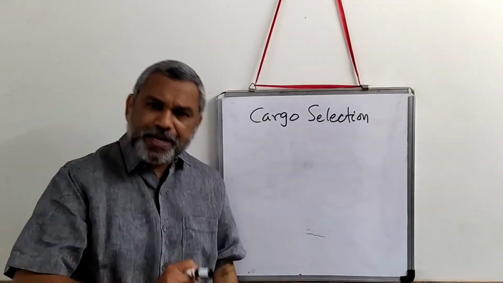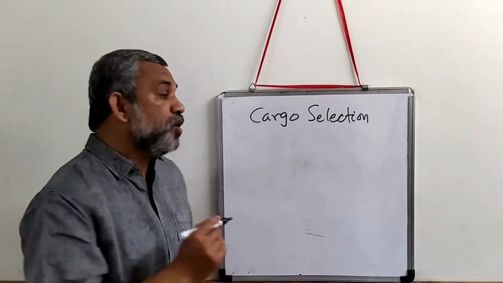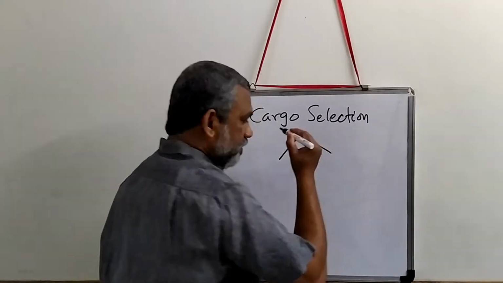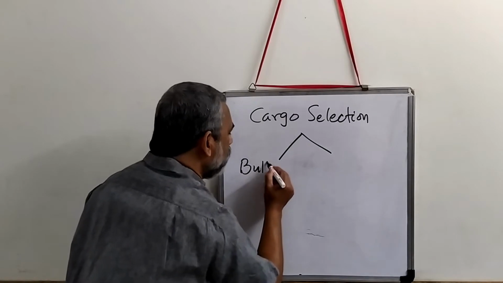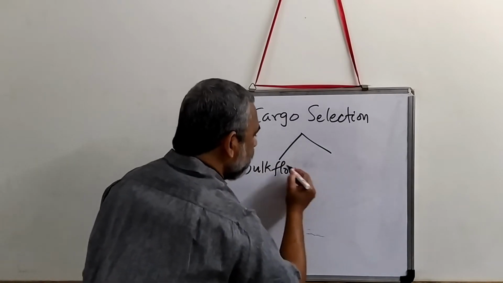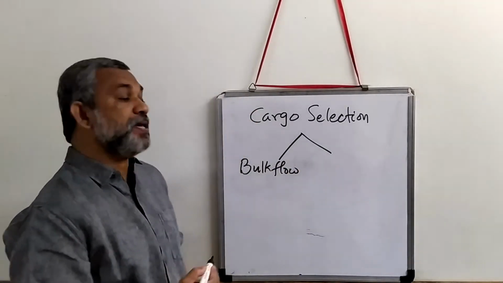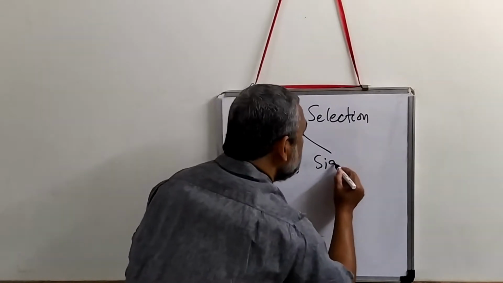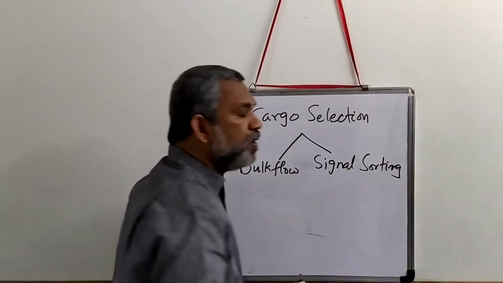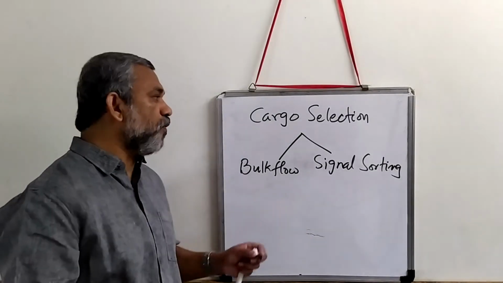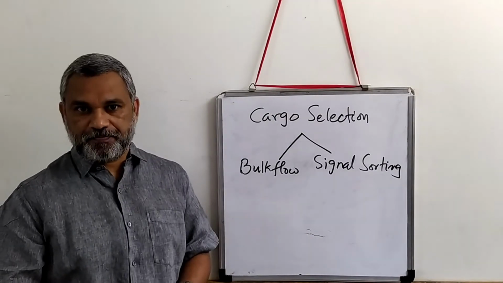Now a protein can be transported through two mechanisms. One is called bulk flow, and the second mechanism is known as signal sorting. These are the two mechanisms used for cargo selection.